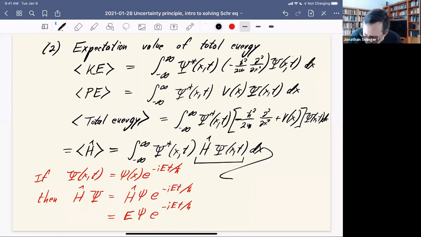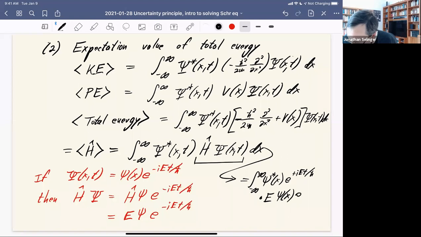So in that case, all of this is equal to an integral of psi star of x, with this positive exponential, times E times psi of x, and then this negative complex exponential, dx. Now we can simplify this.